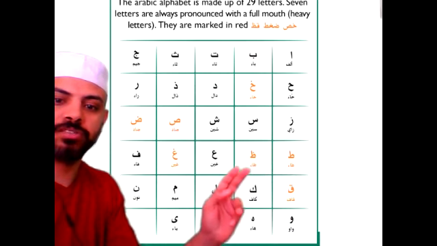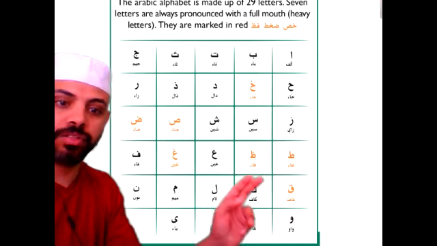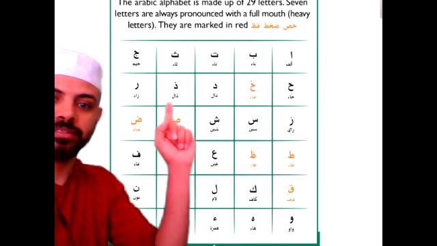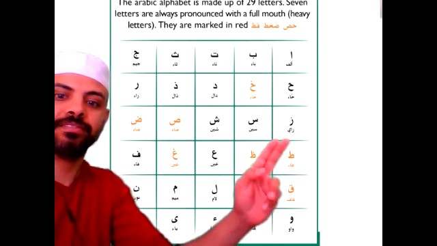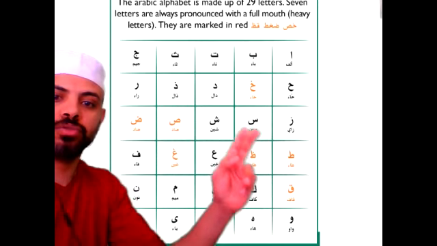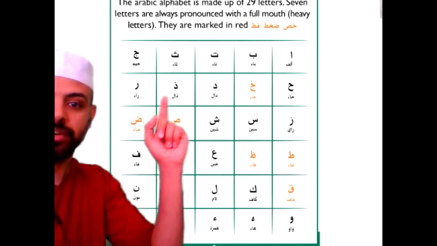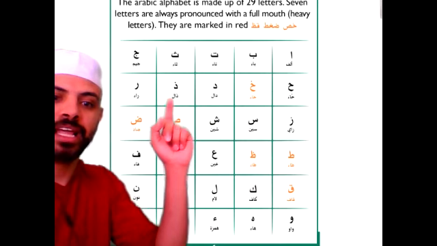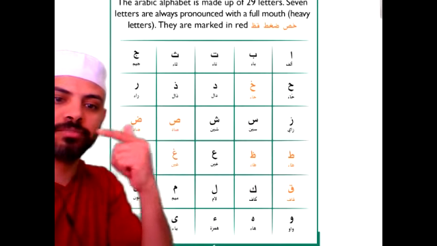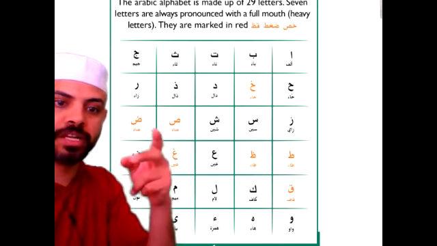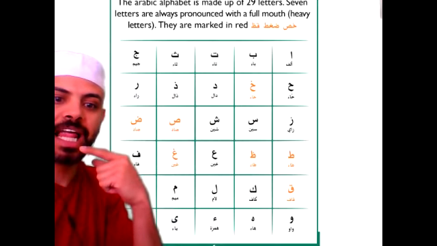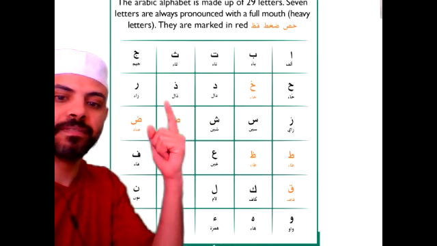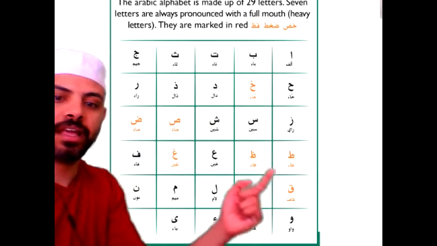We did ta. We need to do the other pair now: the two letters tha and zay, similar to each other. It's closer to this one. Thal, thal. You can even put your tongue out between your teeth to say both of these letters. Za, za. Yes. So try again. Thal, zal, za.